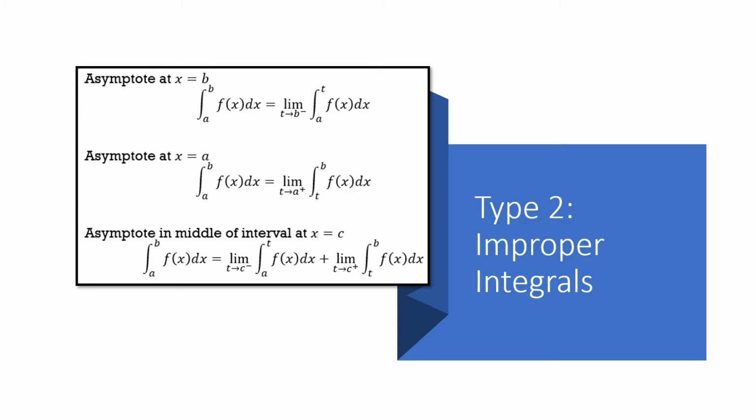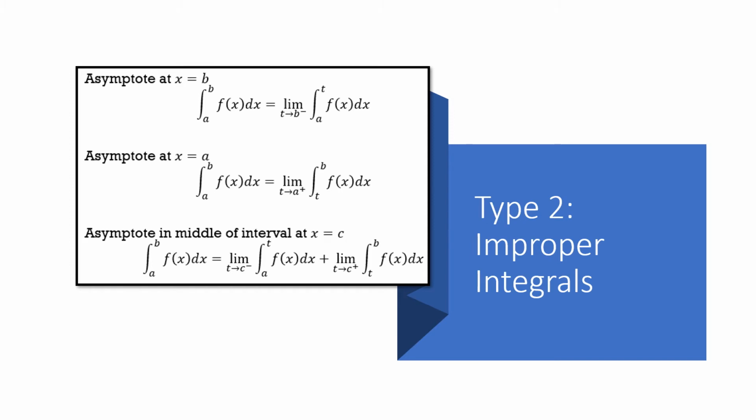All right, so type 2, we could have an asymptote. So if we have a vertical asymptote that goes to infinity, we also need to stop it at t and do the limit as t approaches that integral. So again, if your asymptote is your upper bound, then you have this top case where you have the limit as t goes to b from the left, from a to t, f of x dx.